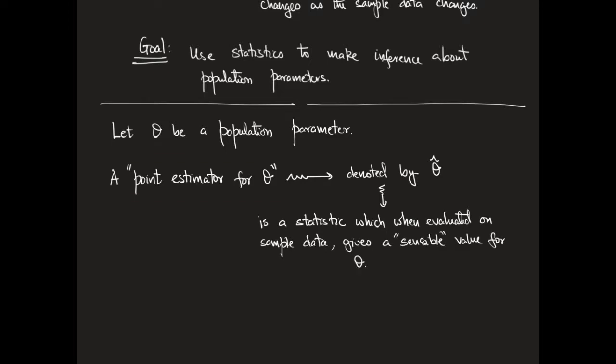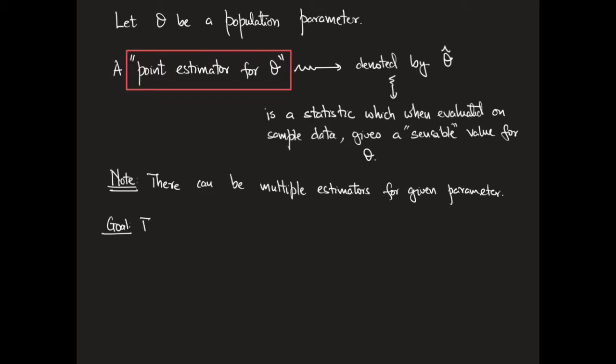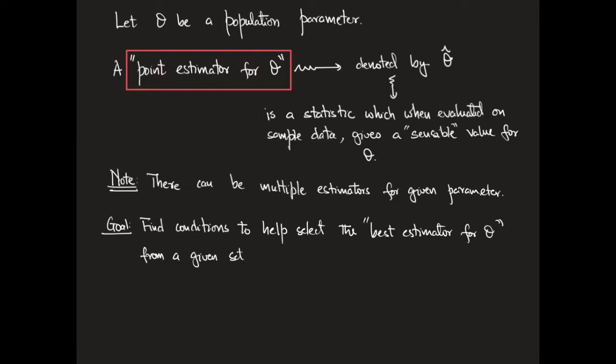It is important to note that there can be multiple estimators for a given parameter for the population. The goal, or the difficulty, then is to find conditions that would help us select the best estimator for theta from a given choices that we might have available at our disposal.